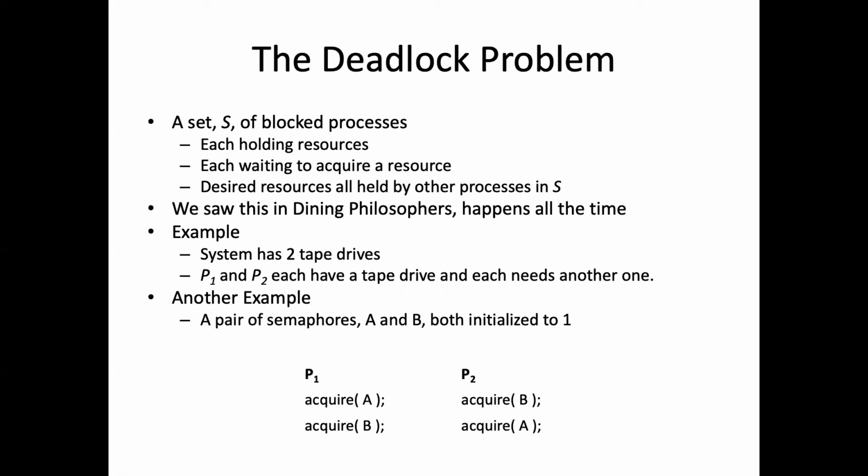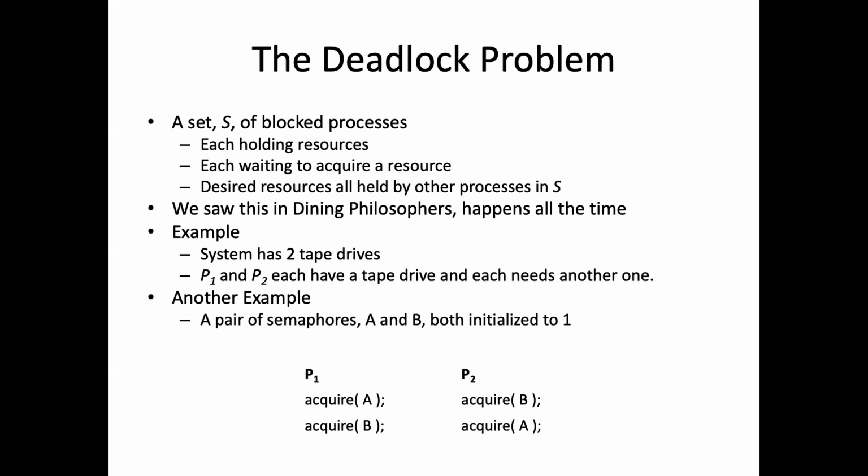A lot of times when they talk about deadlocks in processes, they talk about acquiring resources, where a resource might be a device on the system, like maybe you need to use the DVD burner or you need to use a tape drive. So pretend you have a system where you have two devices. Here, let's say 2 tape drives. You've got 2 processes that both want to use a tape drive.